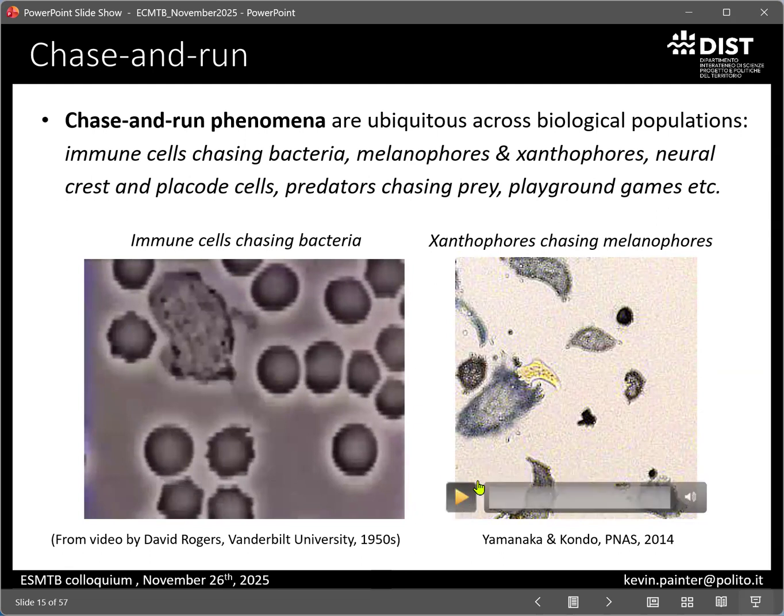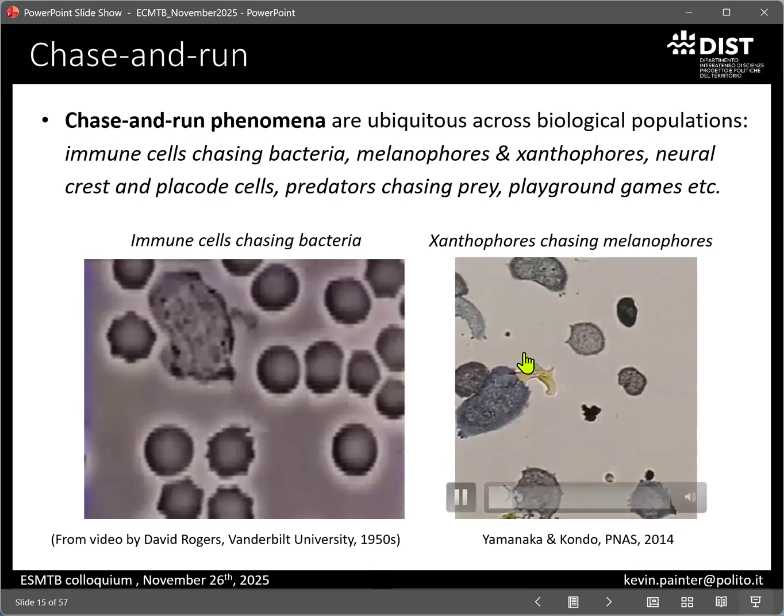So chase and run is observed between immune cells and bacteria, and it also occurs between other cell populations. Another very nice video here shows the interactions between two types of fish pigmentation cells, xanthophores and melanophores. The xanthophore can be seen as this slightly yellow blob here. The melanophore is this larger, blacker blob cell here.